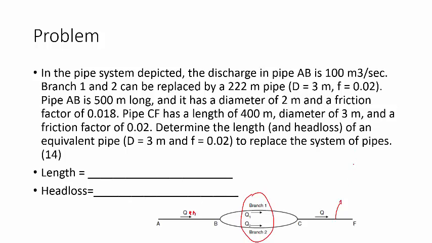So you need to determine the length and head loss of an equivalent pipe with diameter of 3 meters and friction 0.02 to replace the system of pipes. So what I want to do is redraw this system.